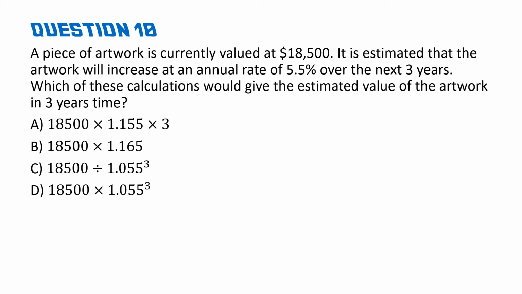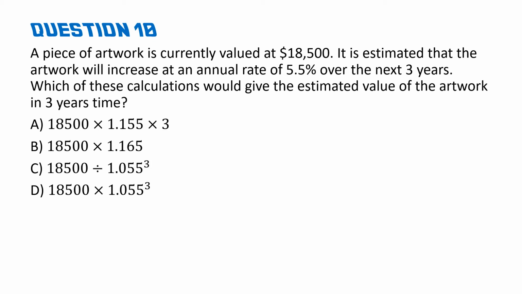So straight away, my eye is drawn to C where there's a division. At no point in time have we looked at anything in finance where working out a future value has a division. So C is not going to be one of the options. What we do have though in option A is our amount that we've got multiplied by 1.155. So if we've got an interest rate of 5.5%, we would divide that by 100 and get 0.055.